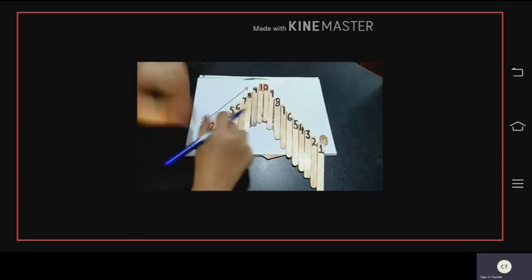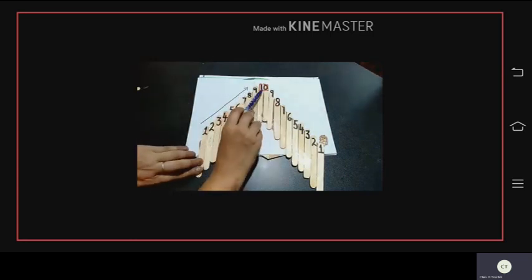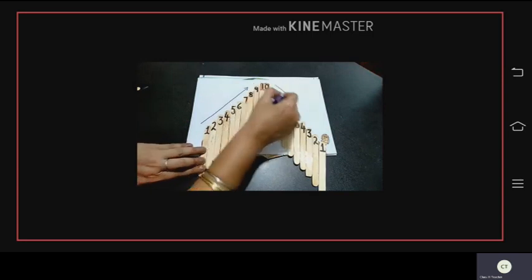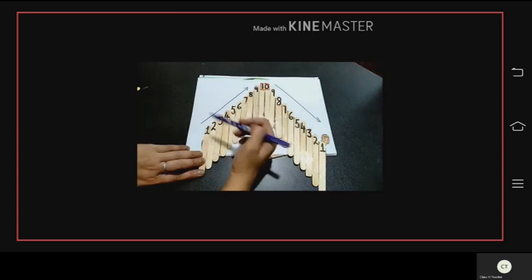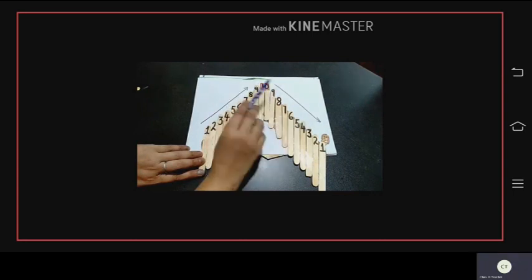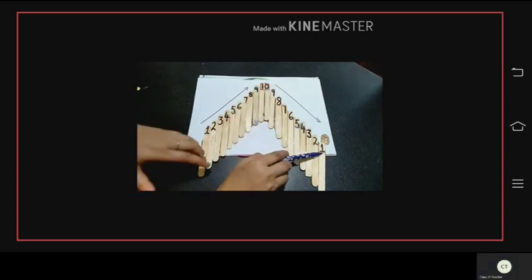When he was moving from step number 10 to step number 1, he was actually descending the steps. Clear, children? Understood, no? Climbing up from the smallest number to the greatest number is called ascending order. Coming down from the greatest number to the smallest number is called descending order. Clear, children? Are you ready to do some examples, children?